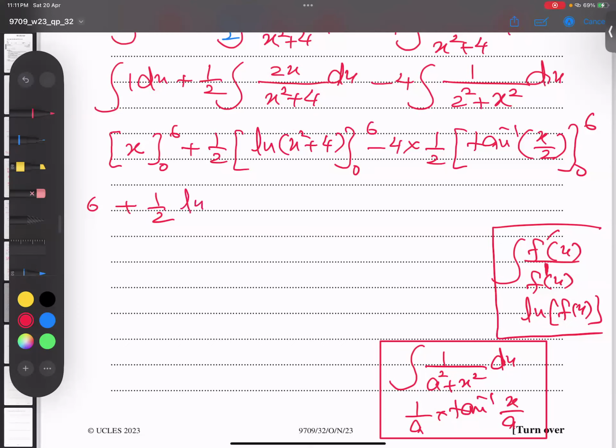So logarithm of 40 minus, when I plug in 0, I get logarithm of 4. This is cancelled. I got a 2, students. So when I plug in 6 here, tan inverse of 3, I'm getting.